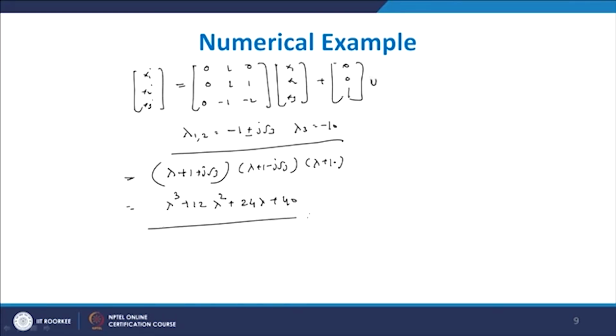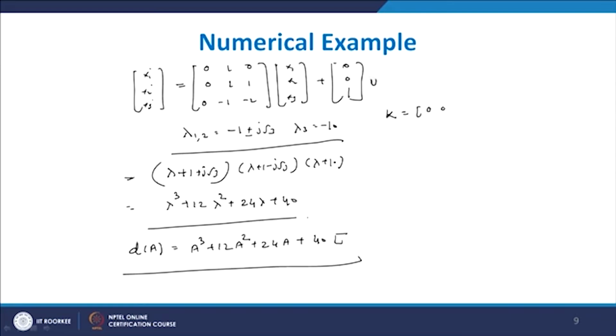Now this is the desired characteristic equation, and according to the Cayley-Hamilton theorem we take phi of A as A cube plus 12A square plus 24A plus 40 into I. This is phi of A. The controller Kc is 0 0 1, controllability matrix inverse Qc inverse, into phi of A. Phi of A we can determine, since the formula is given, by replacing the values of A in this equation.